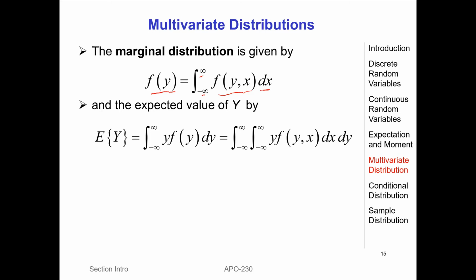So the idea here is we fix the random variable y at a certain point, a certain possible outcome, small y, and then we integrate all the possible outcomes of x over its distributed range. And then we arrive at the density of y at the point small y.